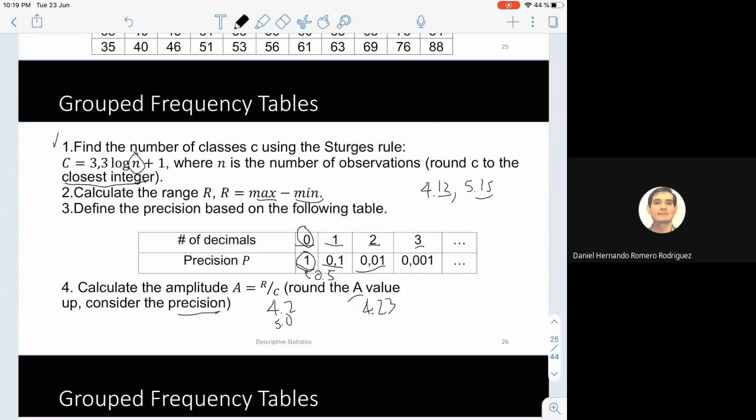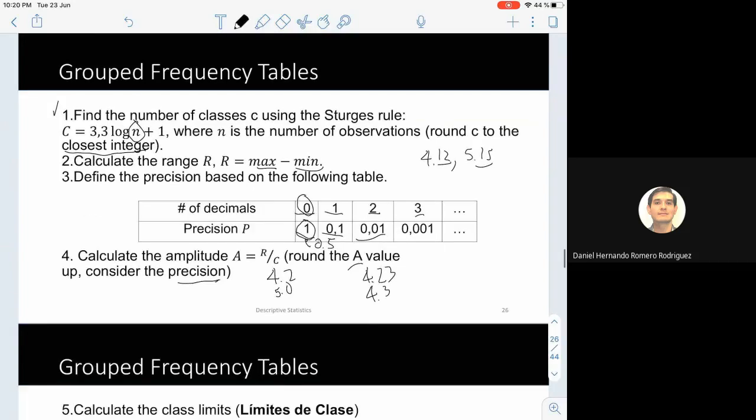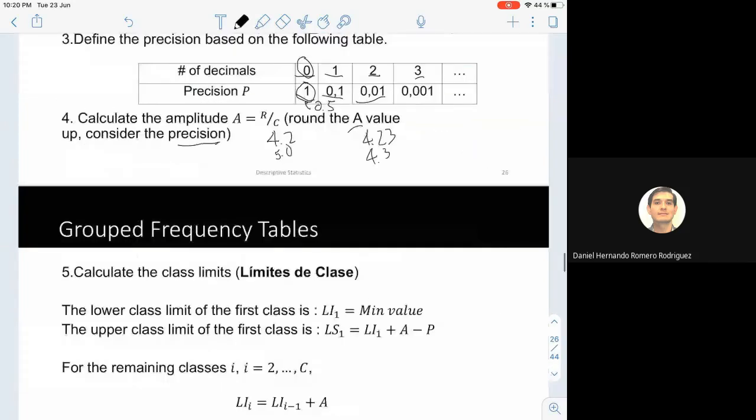Since our data has one decimal, we will round it up to one digit. So that will be 4.3. That's the meaning of that expression: round the amplitude value up considering the precision.